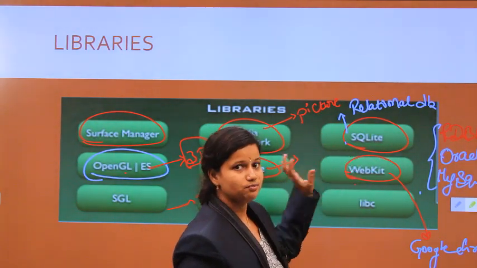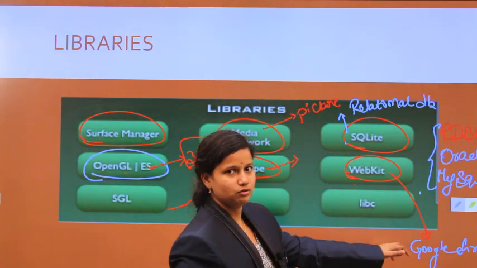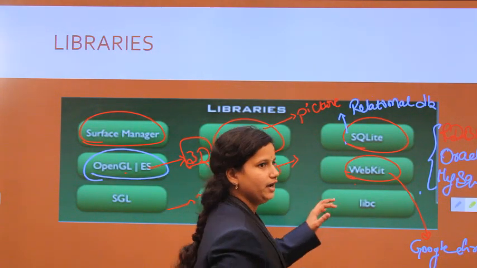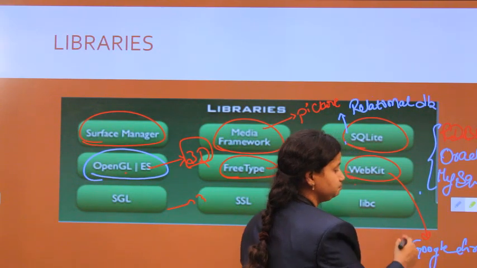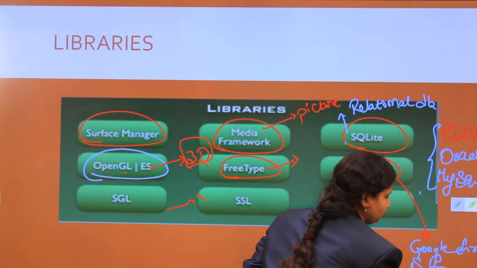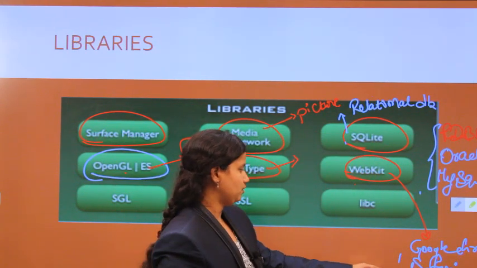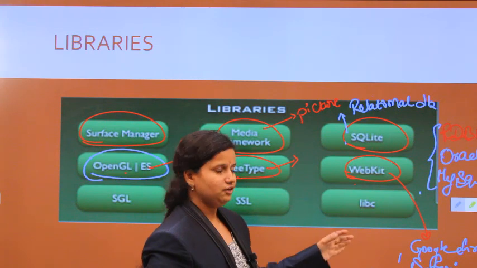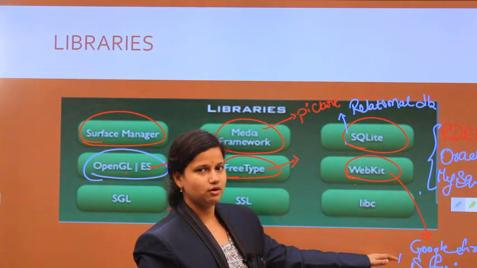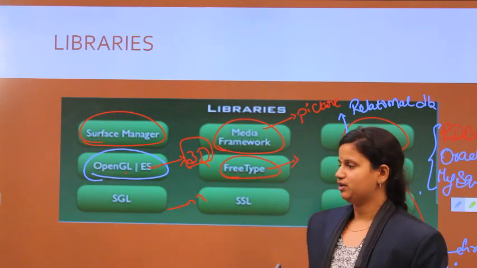This WebKit is responsible for using these different web browsers. And not only Google Chrome, we have Safari as one of the browsers. In the same way we have to display the different browsers. Those browsers are handled by the WebKit library.